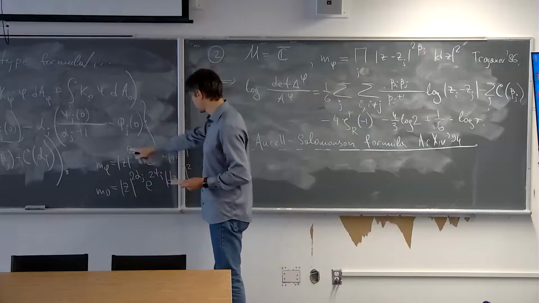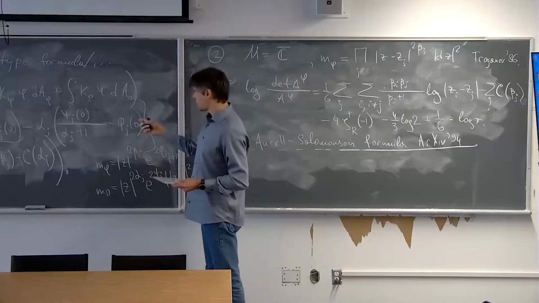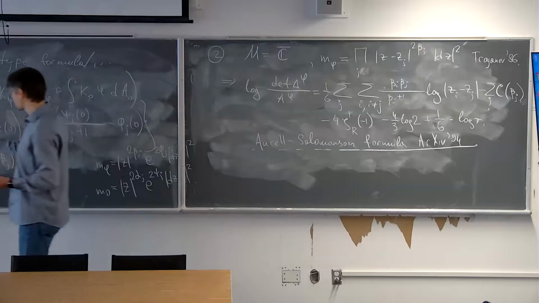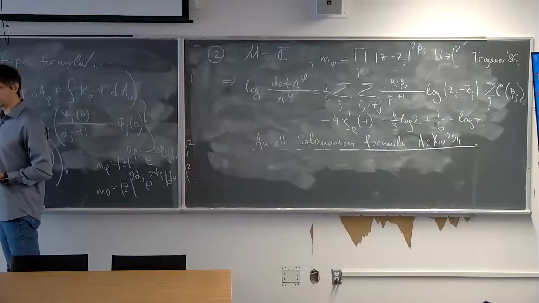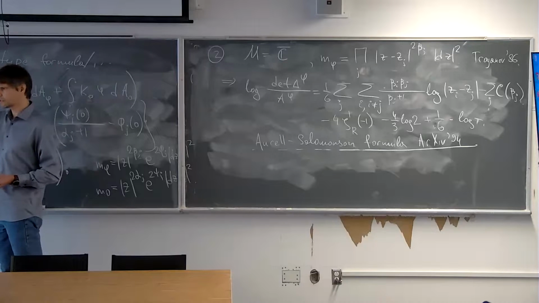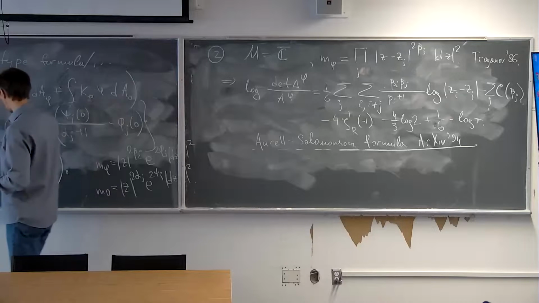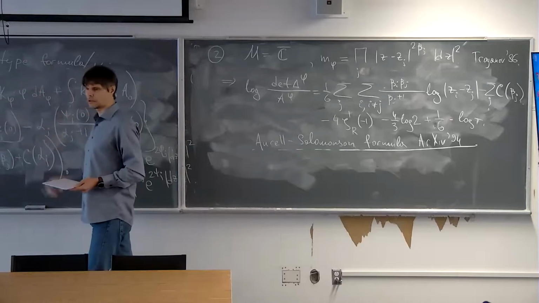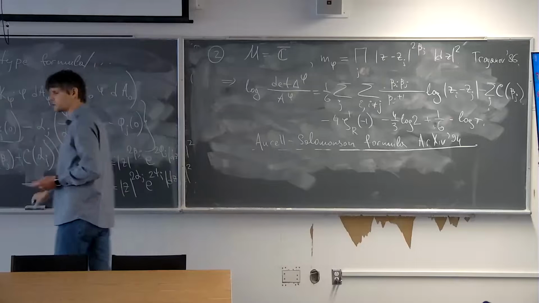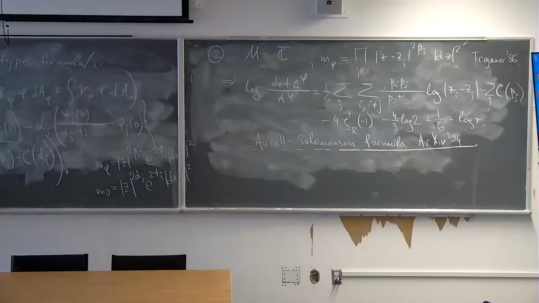So now there are two metrics with conical singularities. If one of them has a conical singularity at the point p j and the order of the other one is 0, just one of them has a conical singularity at p j, then one of the terms disappears and no problem at all. So this is what we have.